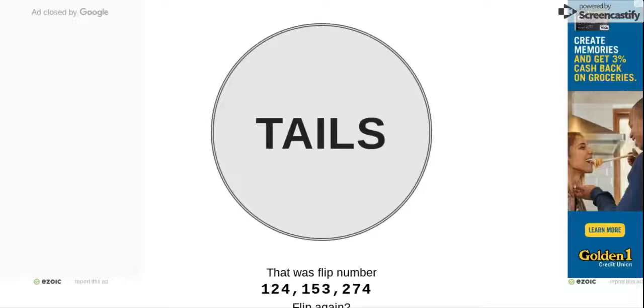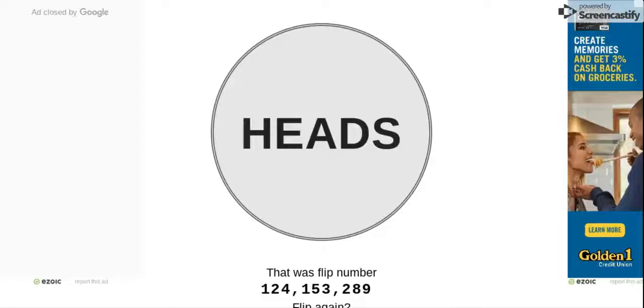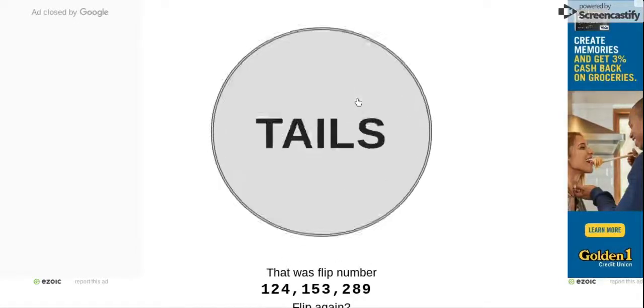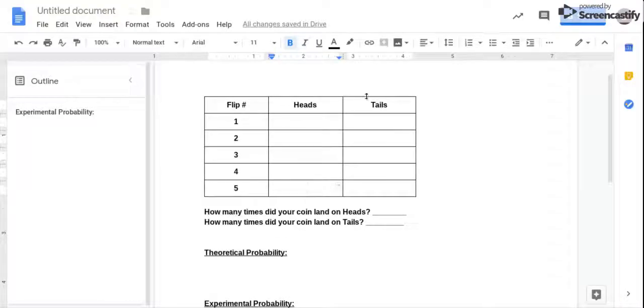Third flip gave me tails. Fourth flip gave me heads. And my fifth flip gave me heads. I will now record my data. So my first 3 flips gave me tails, and the last 2 gave me heads.